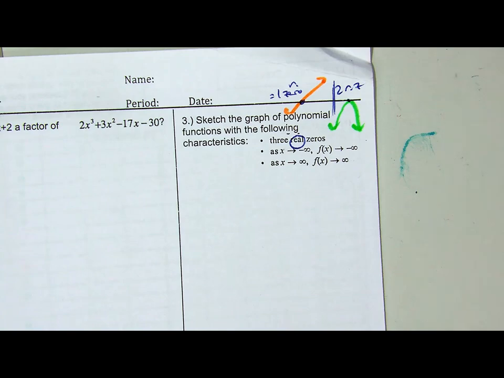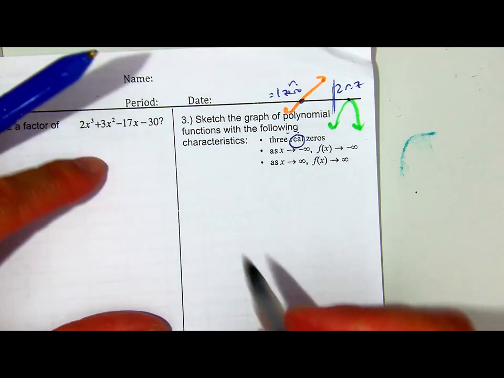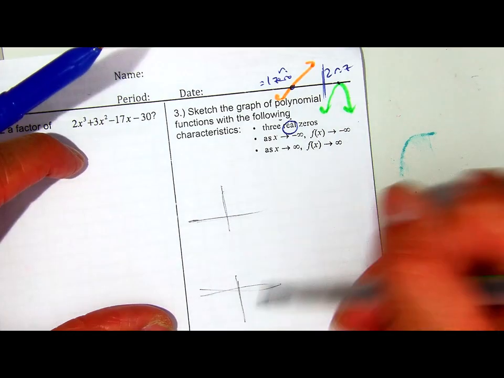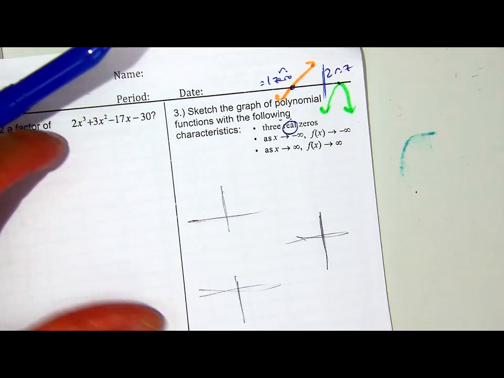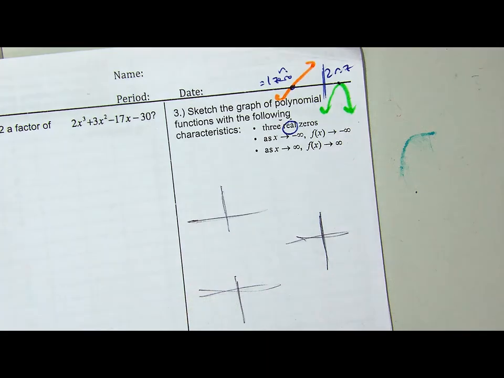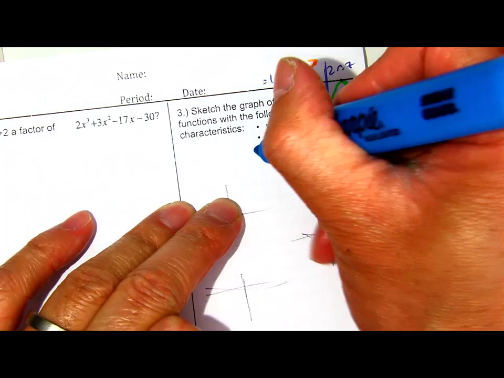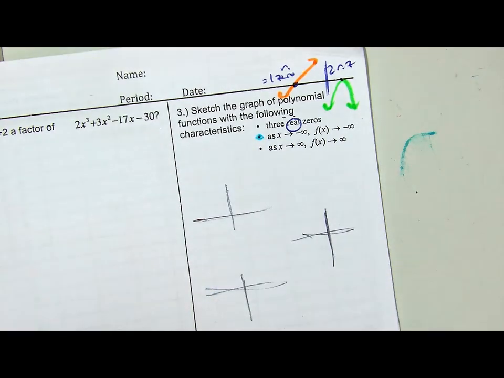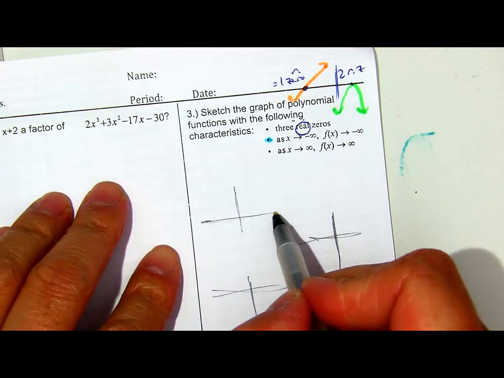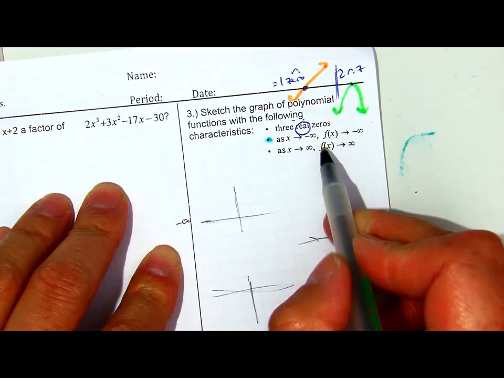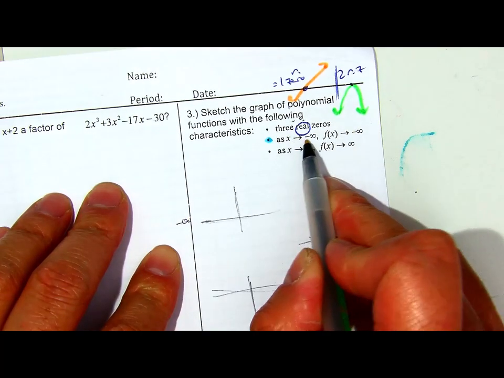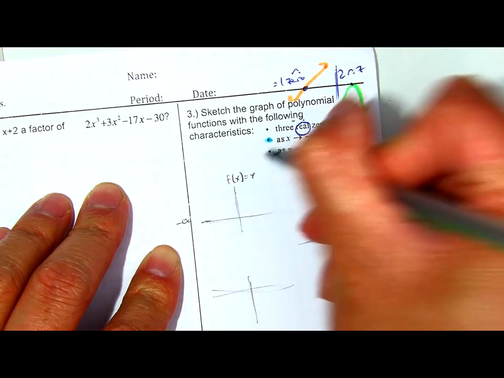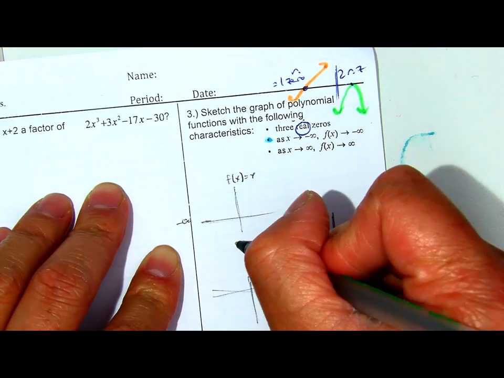Let's go ahead and sketch this out. There's probably about 3 different ways you can draw this graph. The last two: as x approaches negative infinity, so x-axis negative numbers, so as I go towards the left, the f of x, or the y-axis, goes towards negative.